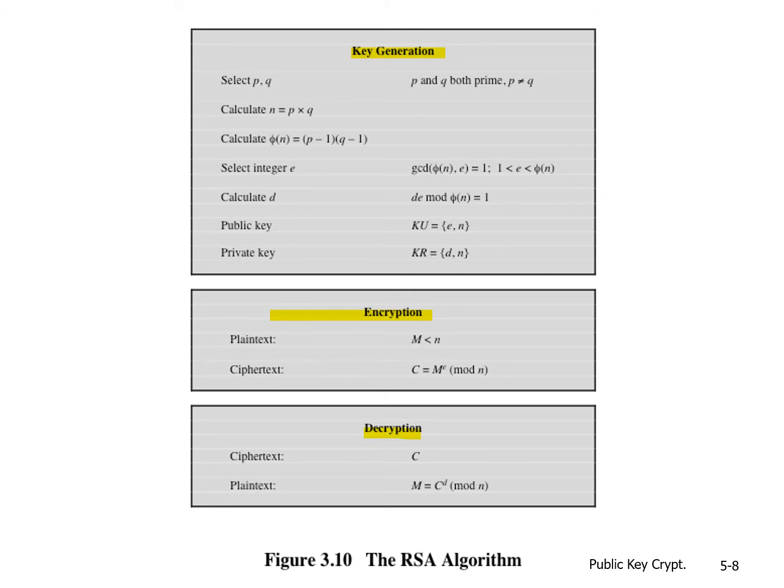First, select two prime numbers, P and Q are both prime. And calculate N, P times Q. And calculate phi N, P minus 1 times Q minus 1. And then select E. Between E and phi N, there is no common factor.